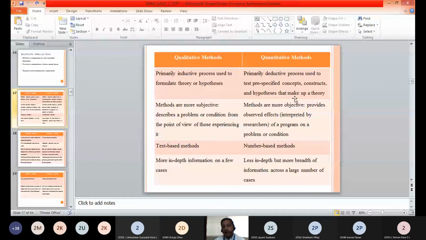It provides numbers or quantity based on the experiment we are doing, or the survey or research we are conducting, which gives you to-the-point numerical data about the observed effect, the result of that research, in numerical form.